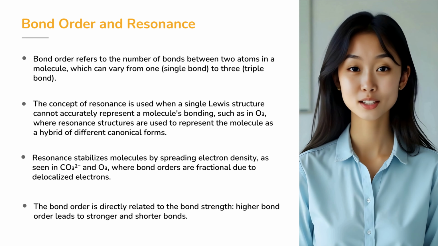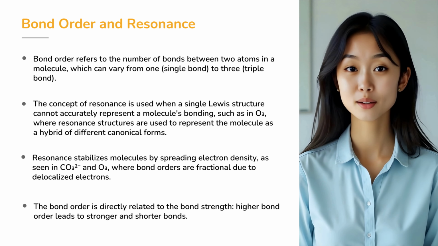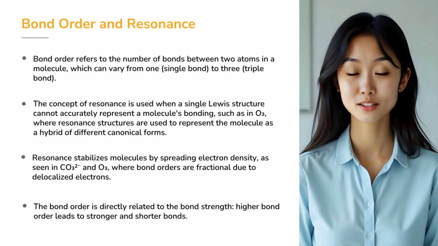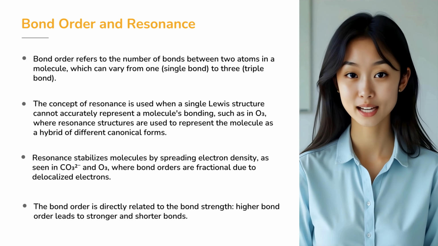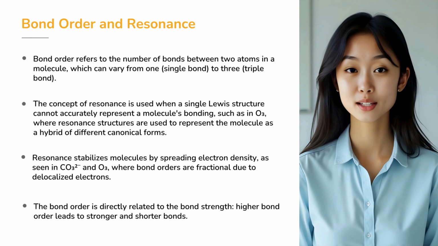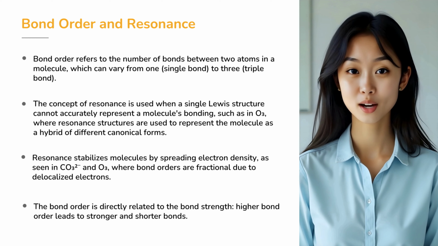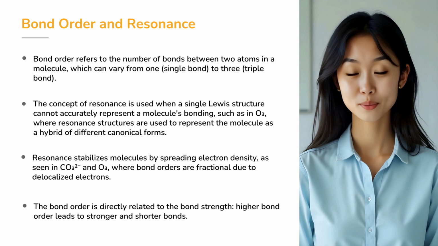This concept of resonance is crucial in understanding molecules like carbonate, CO3, where the bond order is fractional because of the delocalized electrons. So, while a single Lewis structure can't capture the true nature of these molecules, resonance gives us a more accurate picture of bonding.